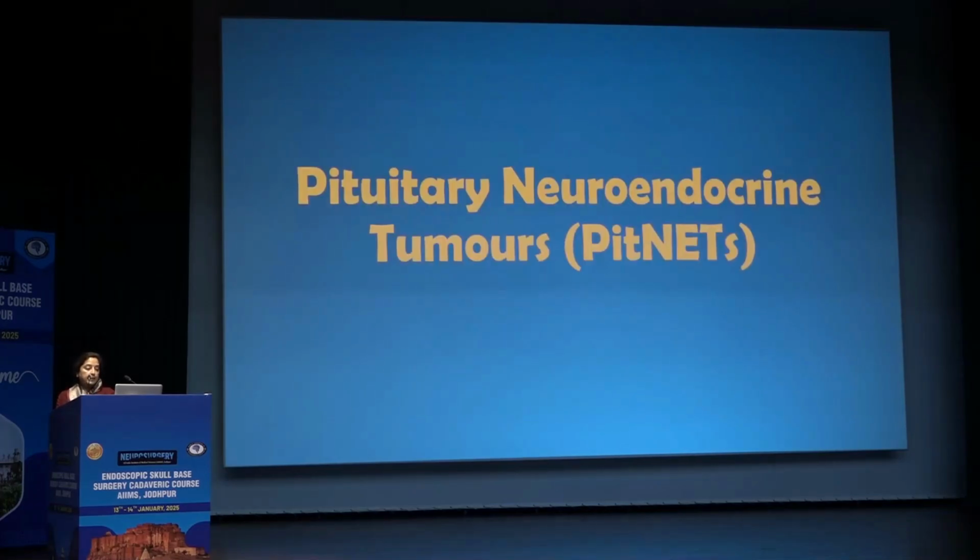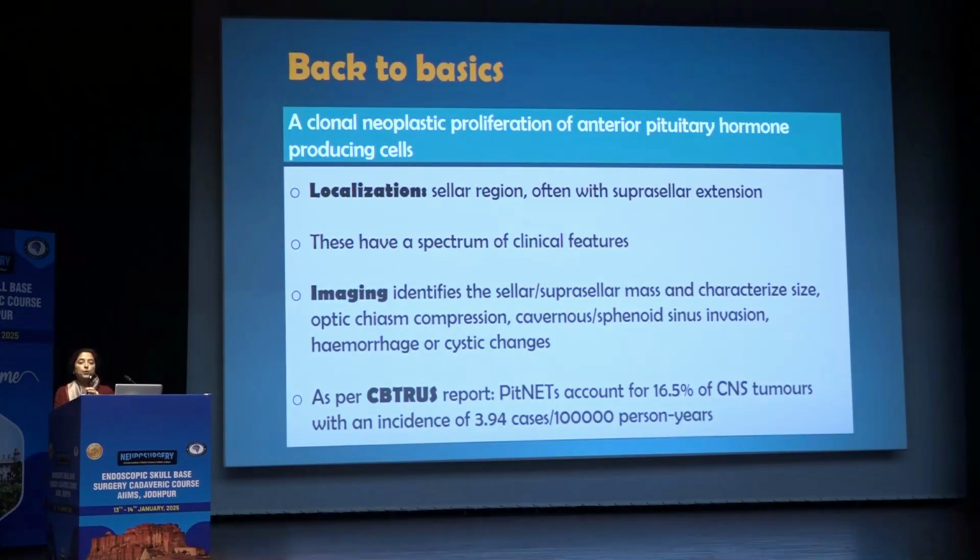So coming to the PitNETs, WHO has defined these tumors as a clonal neoplastic proliferation of anterior pituitary hormone-producing cells. They are by rule localized in the sellar region, often with suprasellar extension. They have a spectrum of clinical features. They may be an incidental finding, they may manifest with excess hormone syndromes, or they may produce mass effects. Imaging has a very important role.